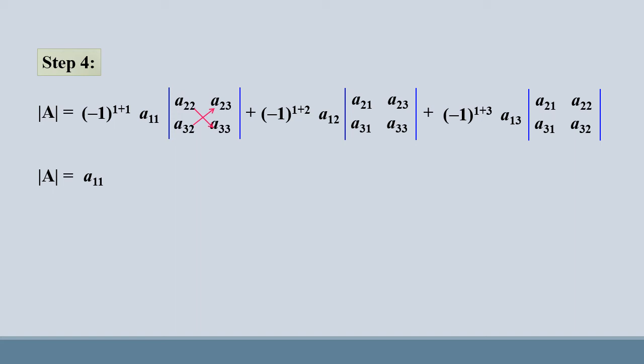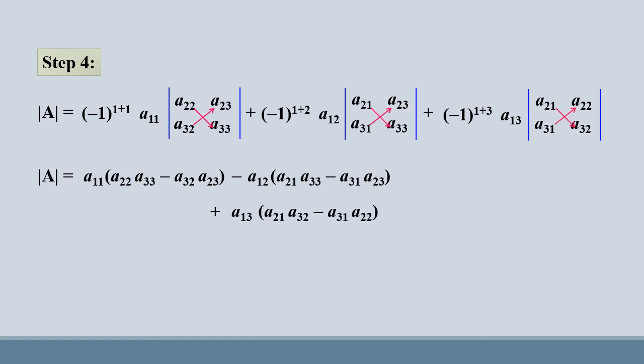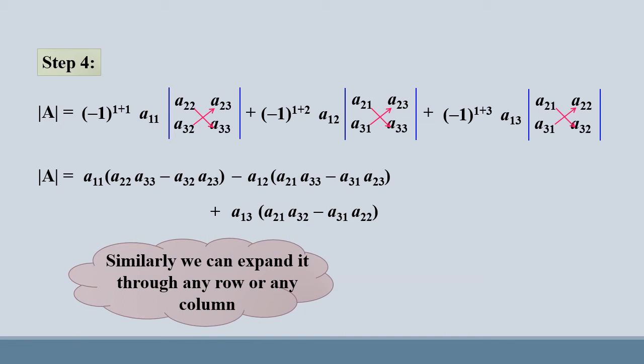So A11 into the 2 cross 2 determinant, simplified by taking the product of diagonal and non-diagonal elements. Similarly, expand the second 2 cross 2 determinant and the third 2 cross 2 determinant. On further simplifying, we get the value of the 3 cross 3 determinant.